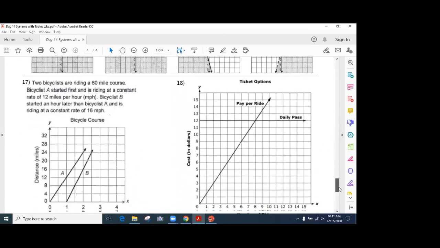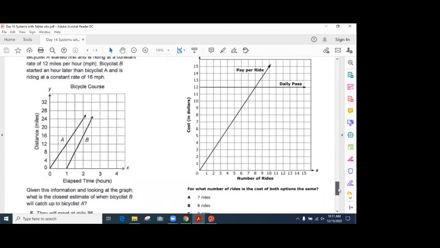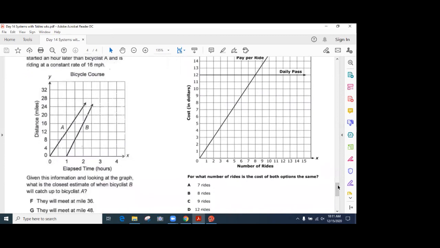Oh, we're going to skip down to these two real quick. First off, 18. All right. Anytime you are given a graph where two lines intersect, anytime, the answer is always where they do what? Intersect, right?